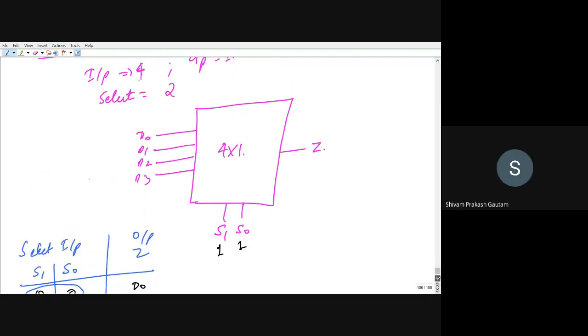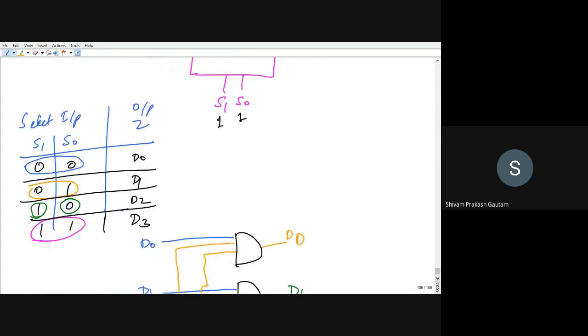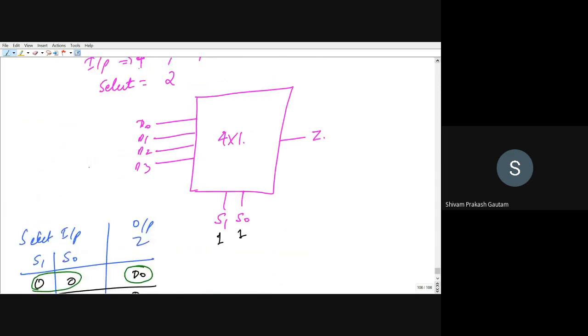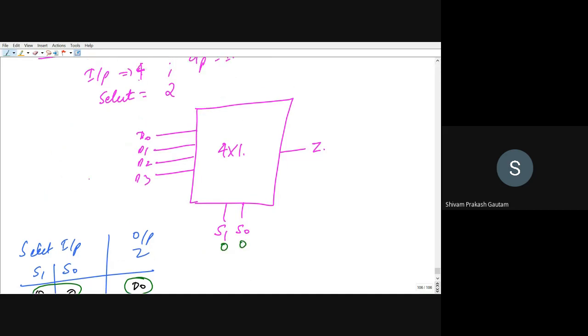Okay. Yes. So this is the functional table. When S1 and S0 are both 0, 0, we will be getting D0 at the output. This is the first case.